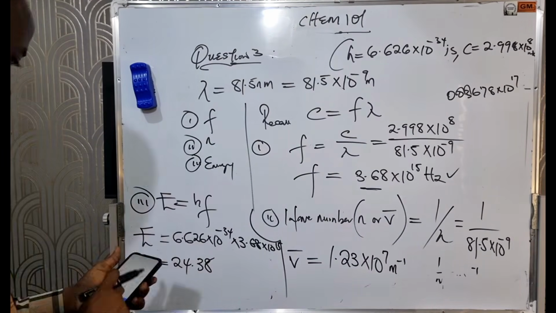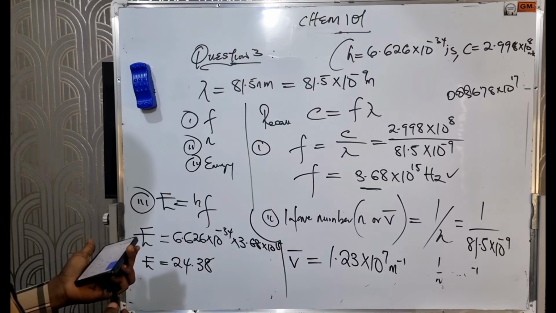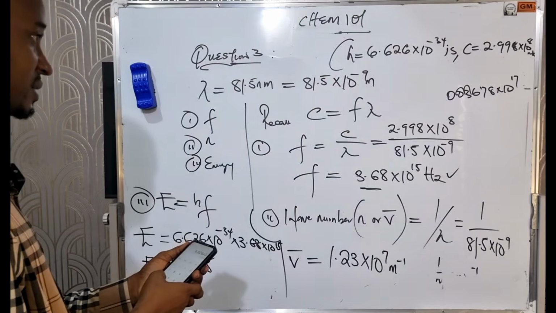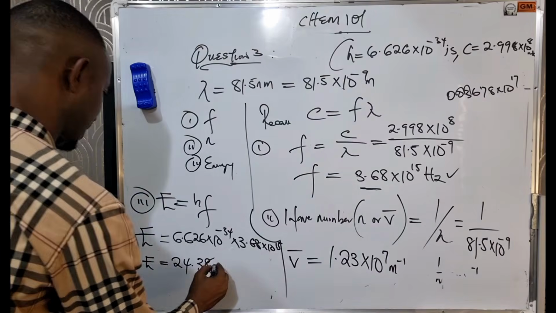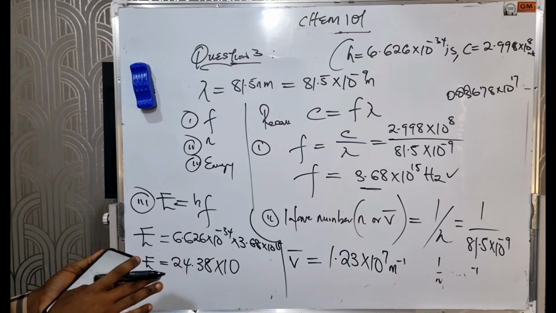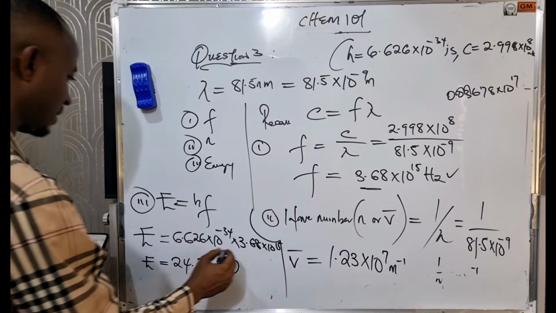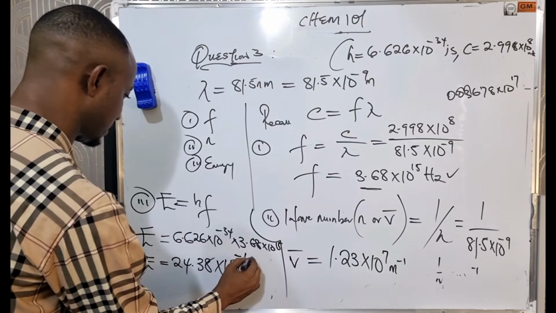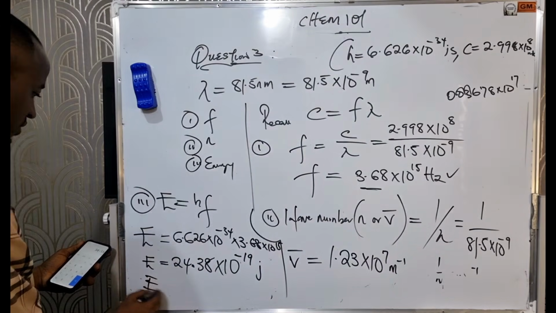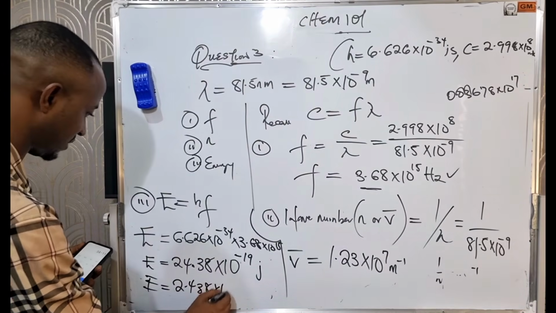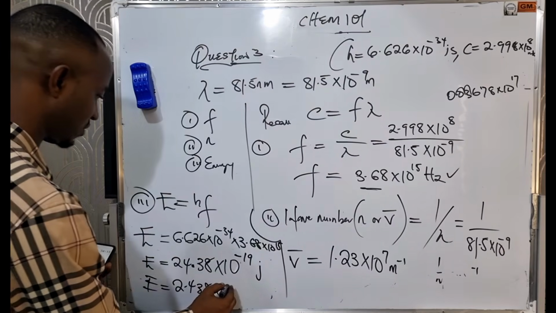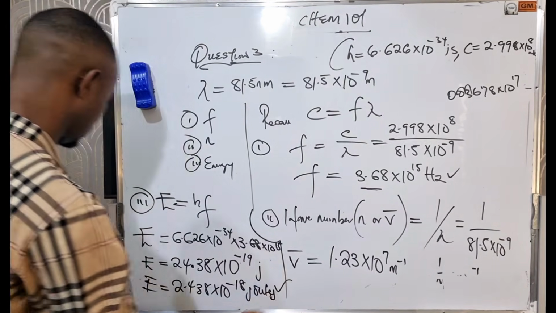Let's verify again: 6.626 times 3.68 is about 24.38, times 10 to the power of minus 34. Then 34 minus 15 gives 10 to the power of minus 19 joule. So the proper way is I move my point this way. Our energy becomes 2.4 times 10 to the power of, when we move our point once, it means I'm adding 1 to minus 19. The power becomes minus 18 joules. So take note of this.